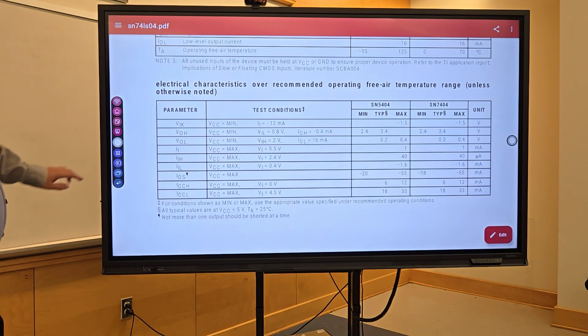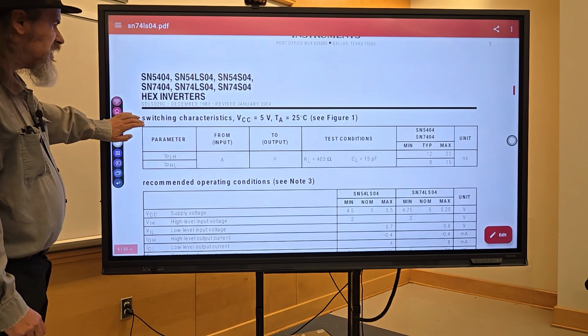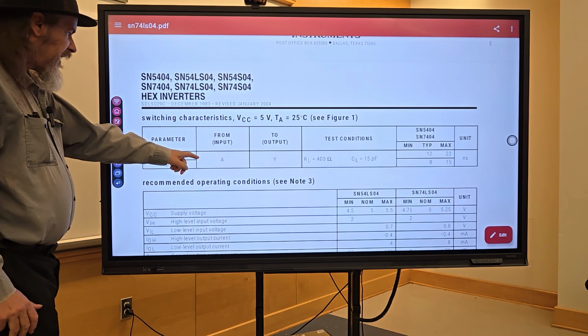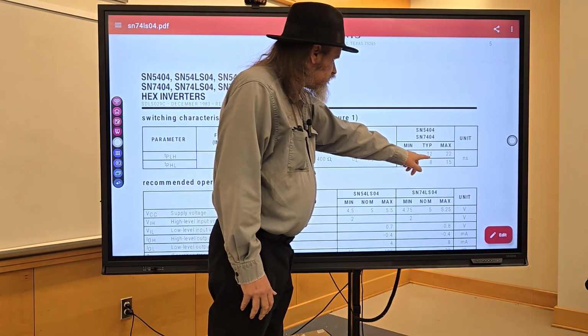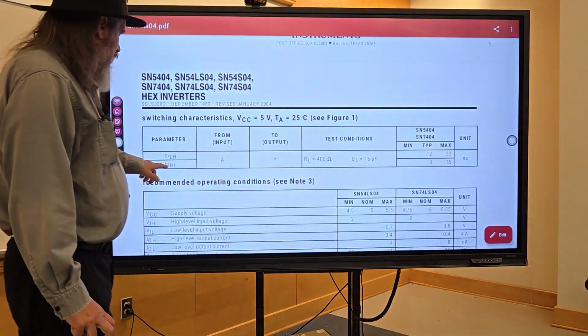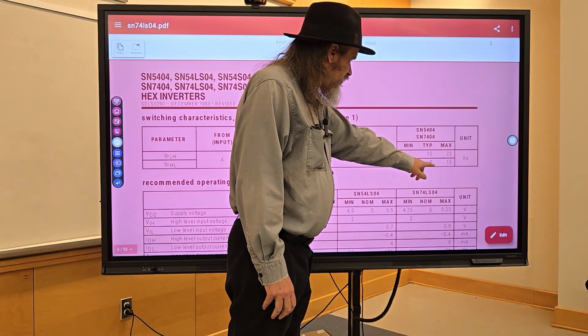Let's see here. Where was I trying to get to, the propagation delay? Switching characteristics. The time it takes to go from low to high, 12 nanoseconds. From high to low, 8 nanoseconds.